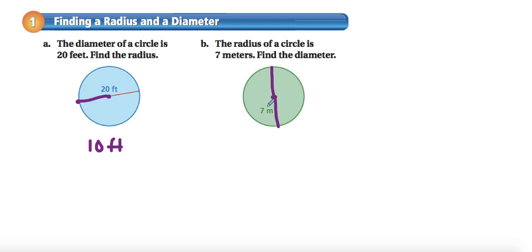The reason that 7 meters helps me is because if this length is 7 meters, then this length must be 7 meters as well. When I add 7 plus 7, I get 14. So the diameter of my shape is 14 meters.